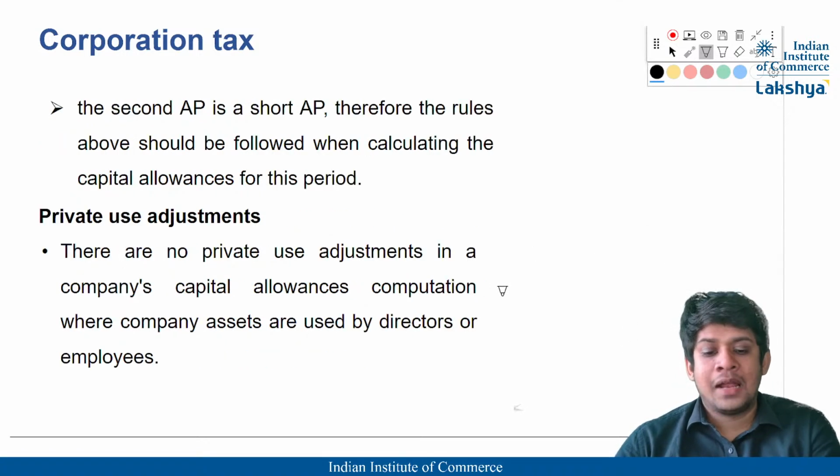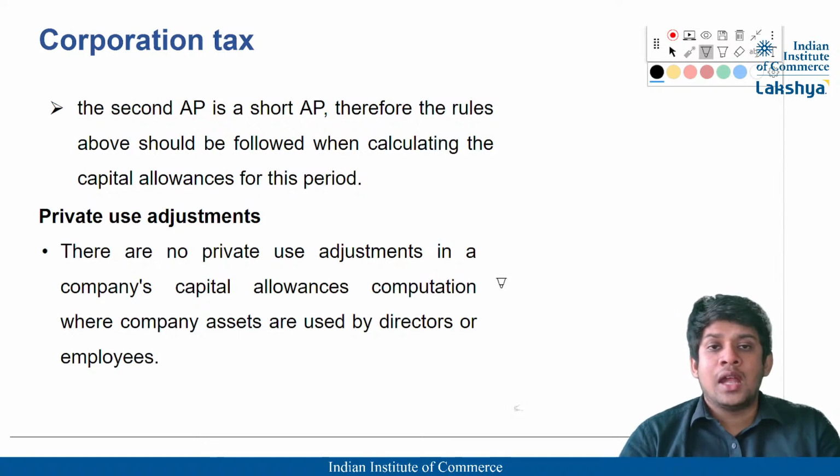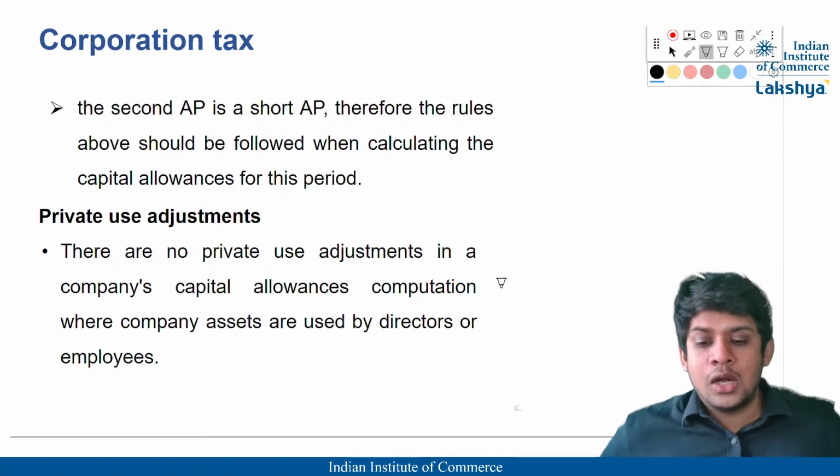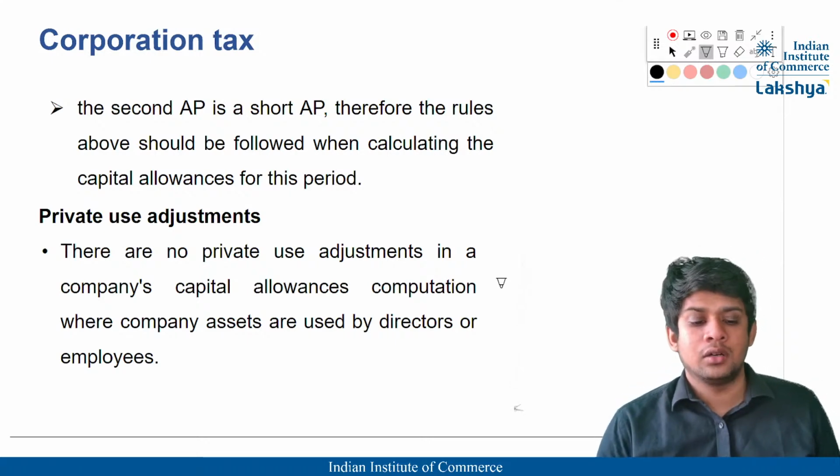Private use adjustments: no matter what the level of private use adjustment, the employee is taxable on it as a separate benefit, but for the employer, the company, it will be totally deducted.